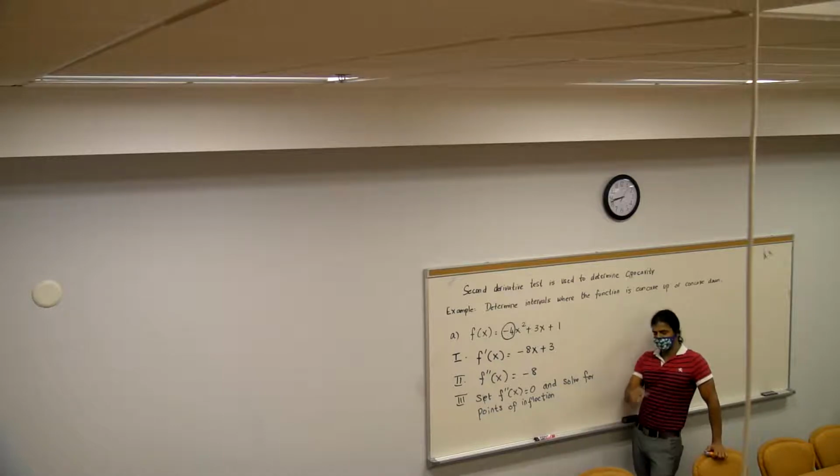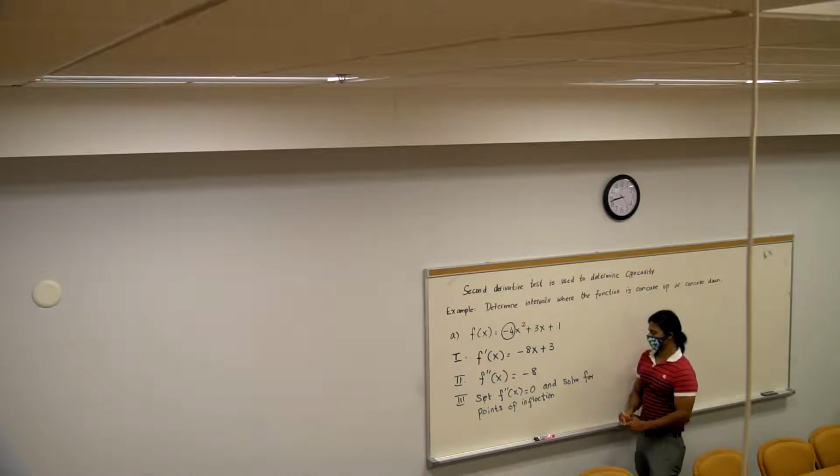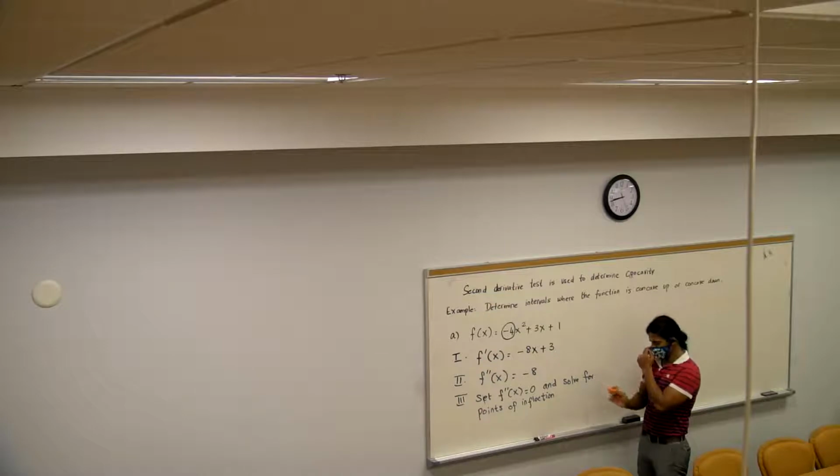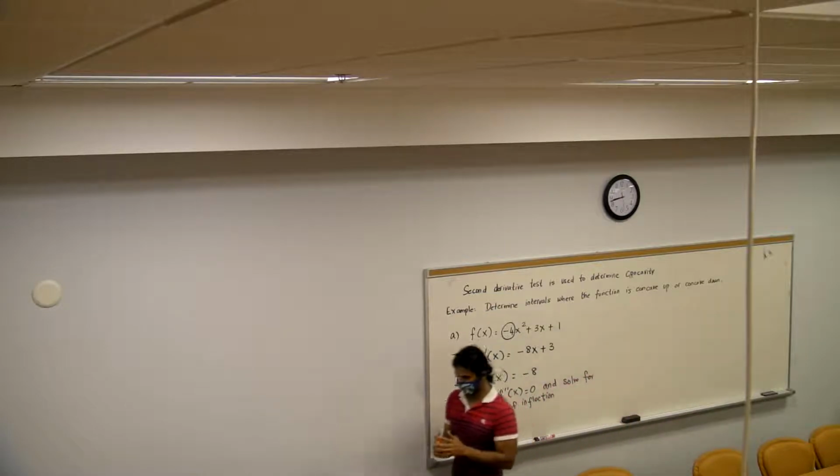Last time, when we set the first derivative equal to 0 and solved for x, we got the critical values or the critical points. In this case, if we set the second derivative equal to 0 and solve for x, that would give us the points of inflection. Now, what is a point of inflection?